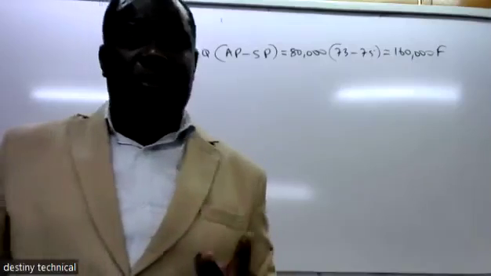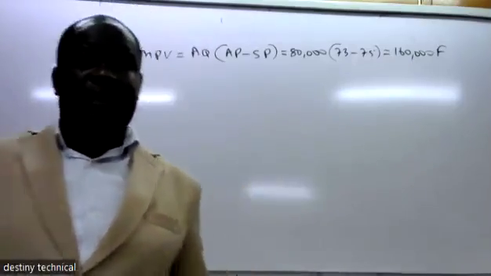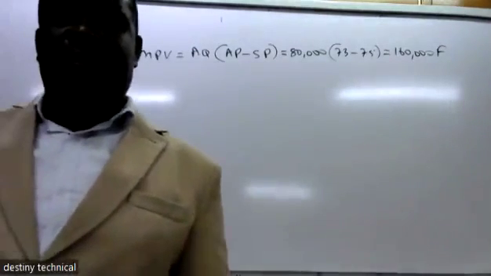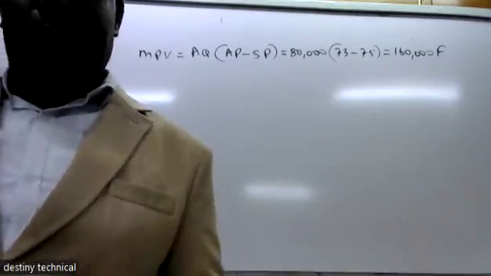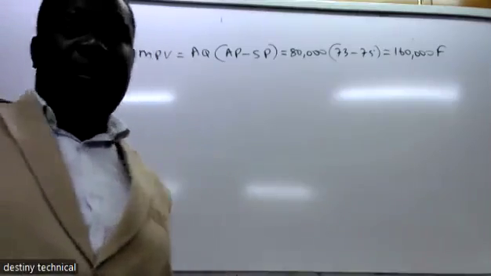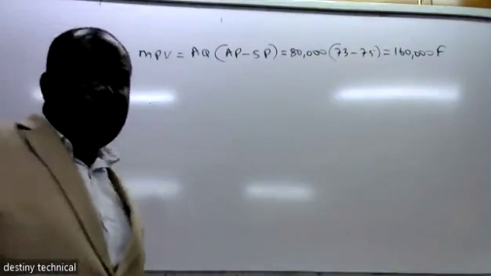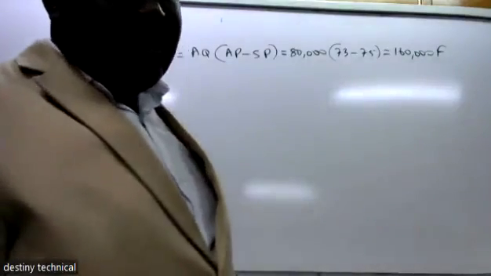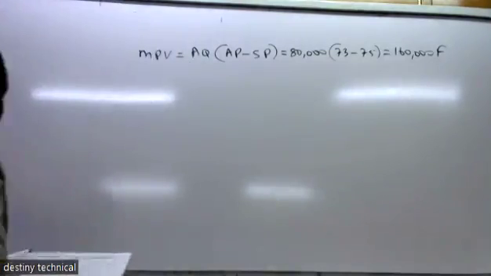You paid less than what you had budgeted for. So note that variances are never negative or positive; you explain whether they are favorable or adverse. That is the material price variance.